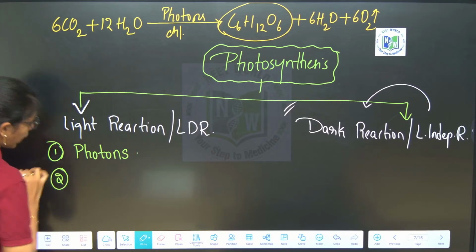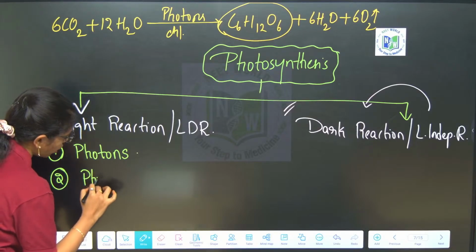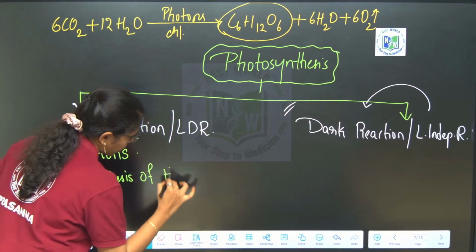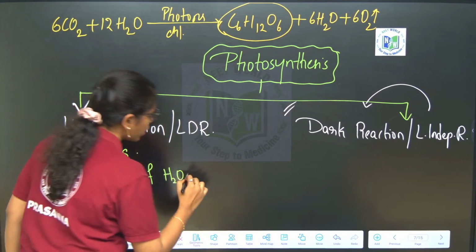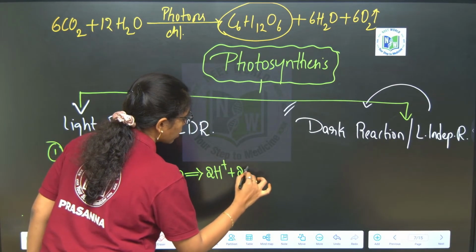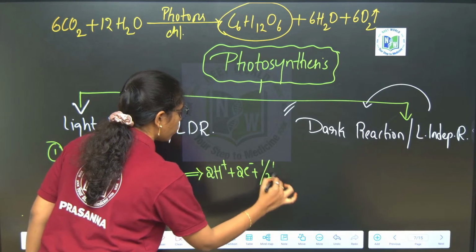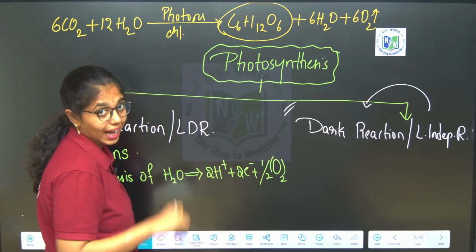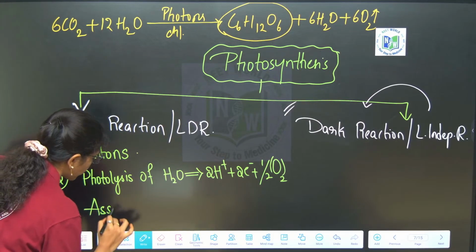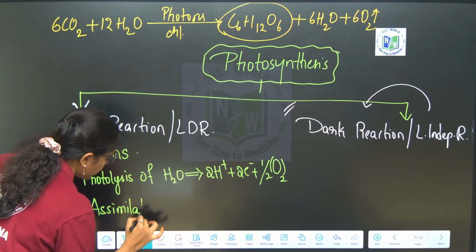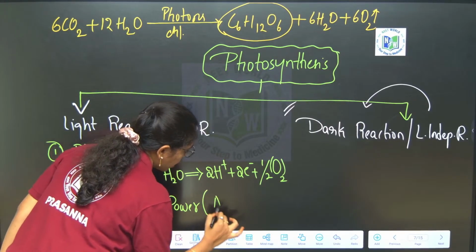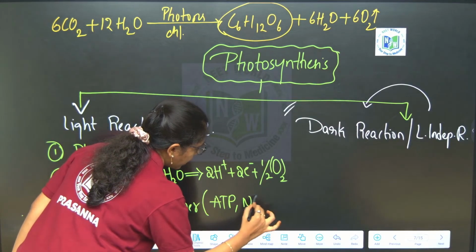This is followed by photolysis of water, where one water molecule is photolysed to 2 protons plus 2 electrons plus half O2, that is one oxygen atom. Third is formation of assimilatory power, which is ATP and NADPH.